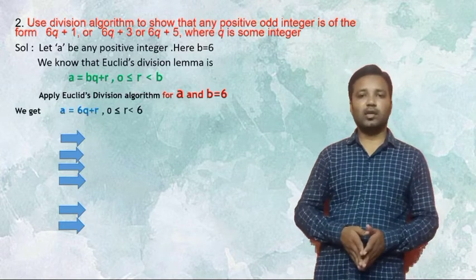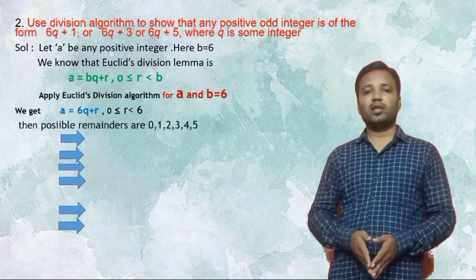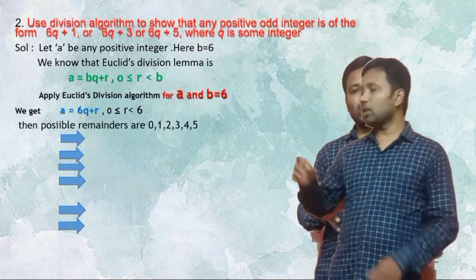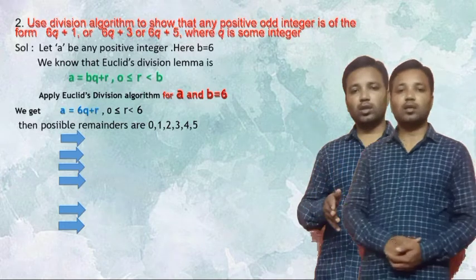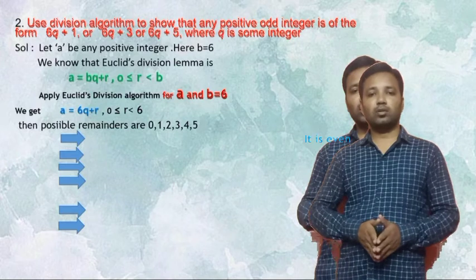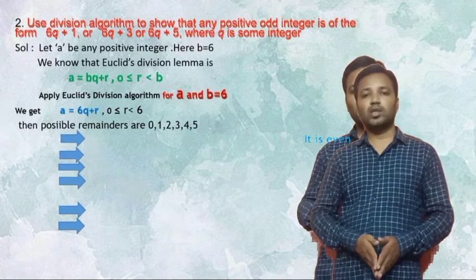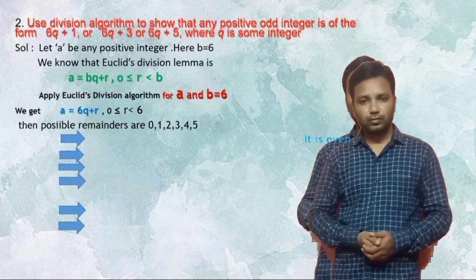Therefore we get a is equal to 6q plus r, where 0 is less than or equal to r is less than 6. So the possible remainder values that we get are 0, 1, 2, 3, 4 and 5.